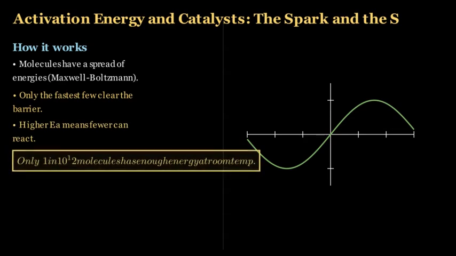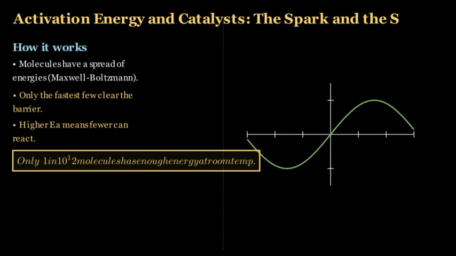Only the molecules in the tail of the curve, the really fast ones, have enough energy to get over that hill. If the hill is very tall, the line moves further right, and the number of molecules that can react shrinks dramatically. That's why wood doesn't just burst into flame at room temperature. Almost no molecules have the energy to start the reaction.